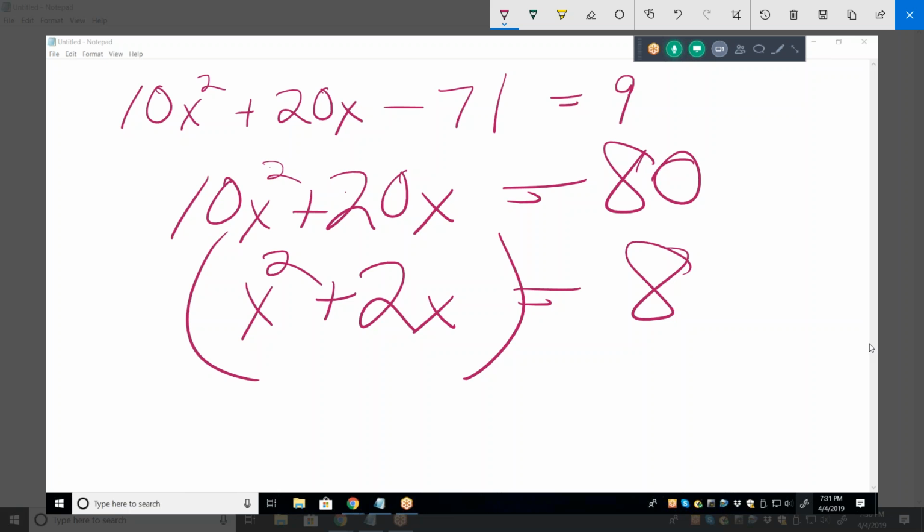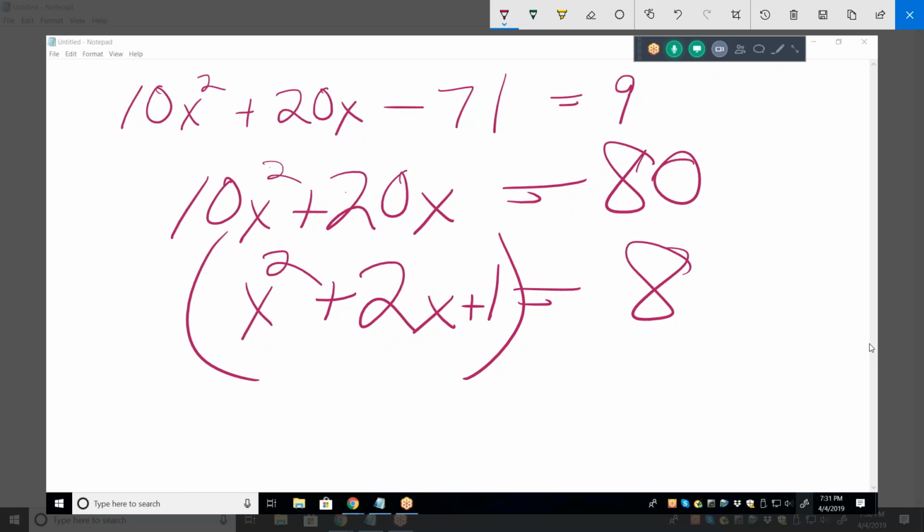Well, what's half of the coefficient of the x term? 1. Square that. 1. So I'm going to add plus 1, which means I have to do what to the other side?